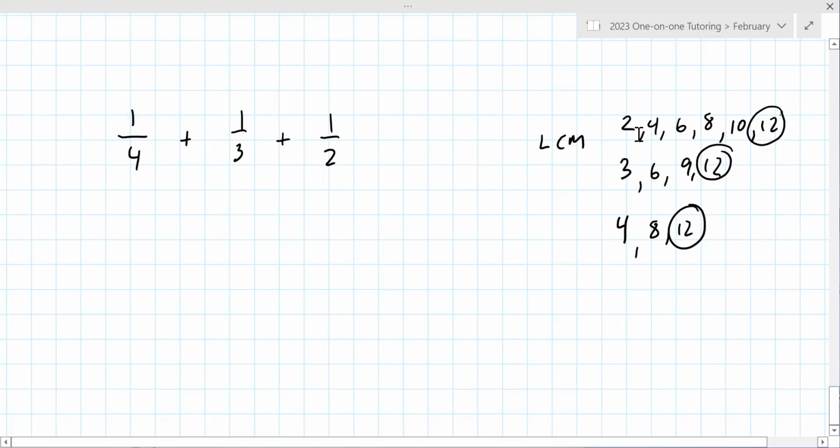Yes, you have to go until you see it. I did 2, 4, 6, 8, 10, and that's why I didn't see it. Yeah, sometimes you have to keep going until you see it. Okay, so we're going to write over 12, and over 12.